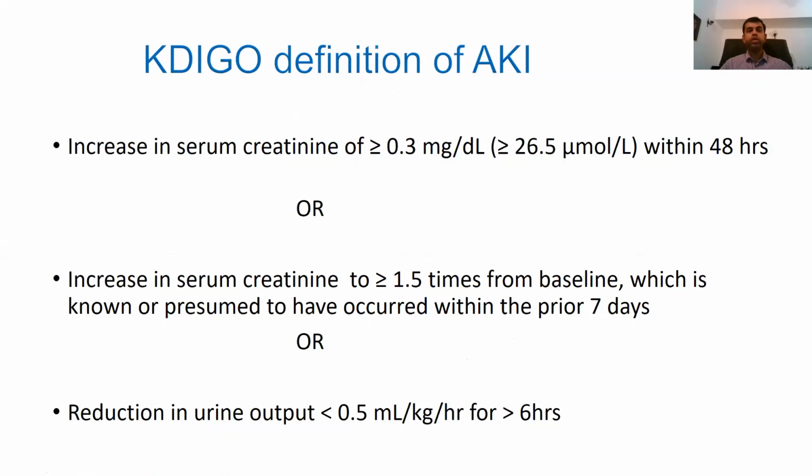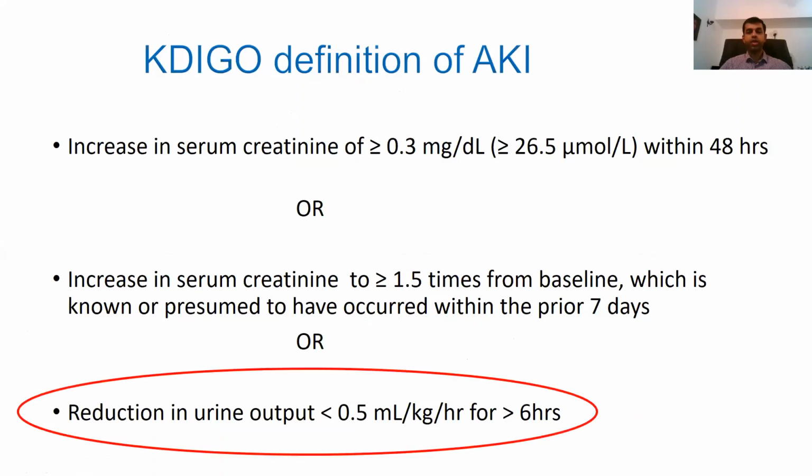You can go with the creatinine cutoff for your acute kidney injury diagnosis, or, as for today's topic, there is a definition where we use urine output as well, defined as a reduction in urine output of less than 0.5 milliliters per kg per hour for more than 6 hours.